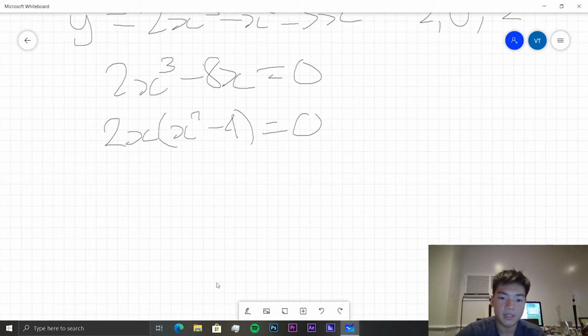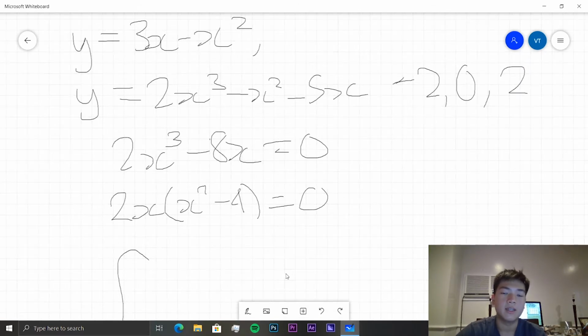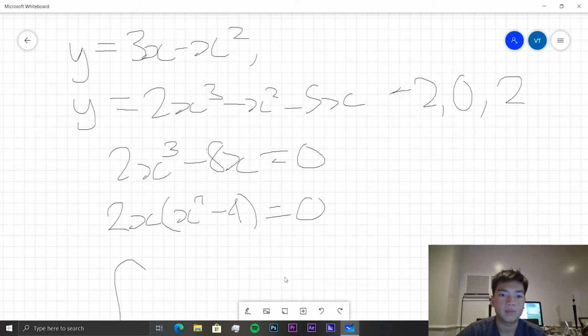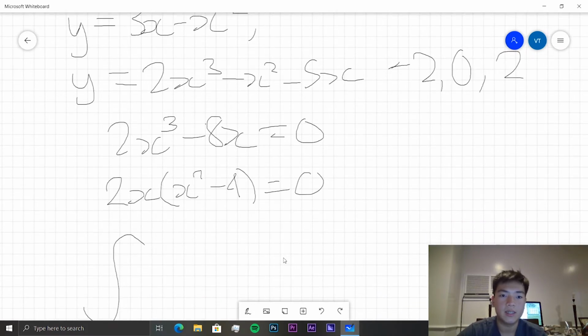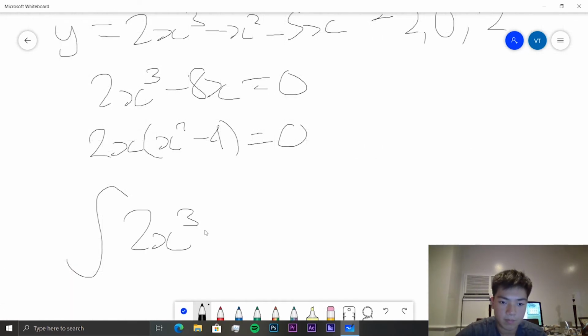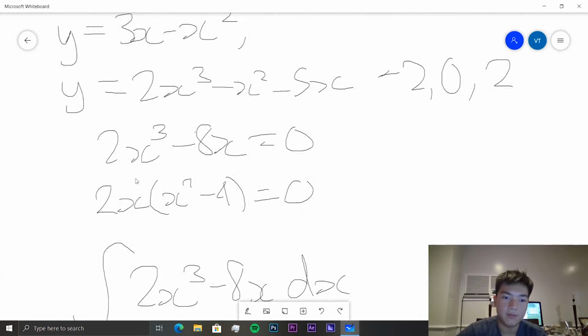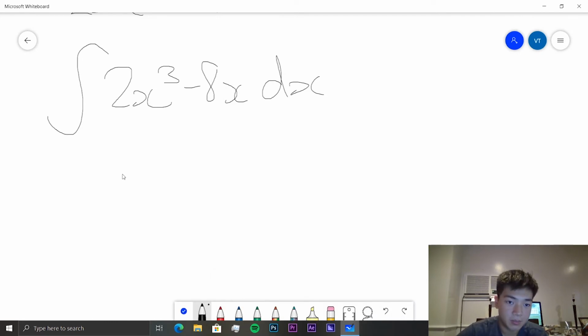So now let's get the integral, and we simply have to integrate the difference between the functions, which we already have. It's just 2x cubed minus 8x dx, since this is effectively the difference between the functions. So this will be equal to 1/2 x to the 4 minus 4x squared.